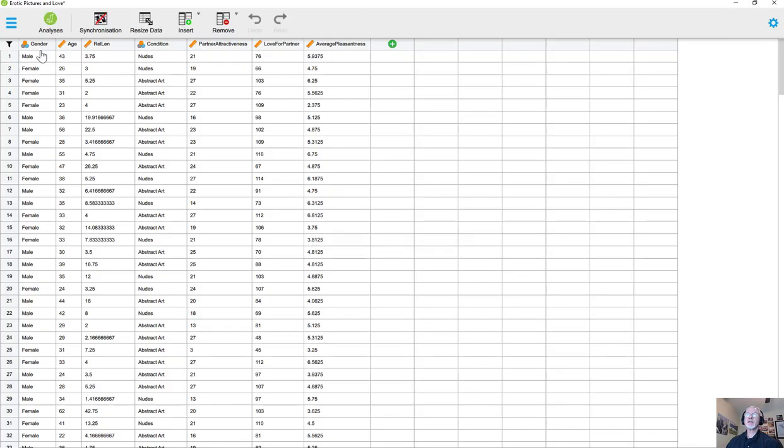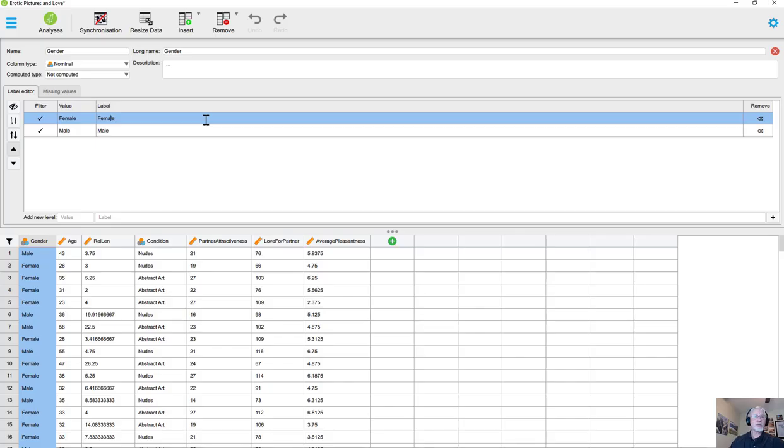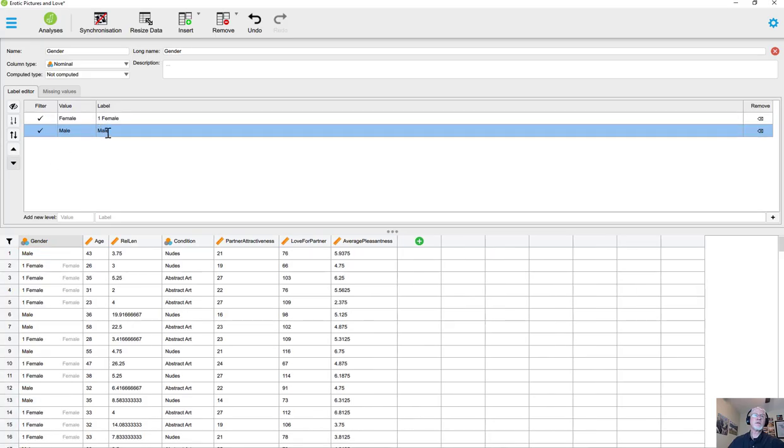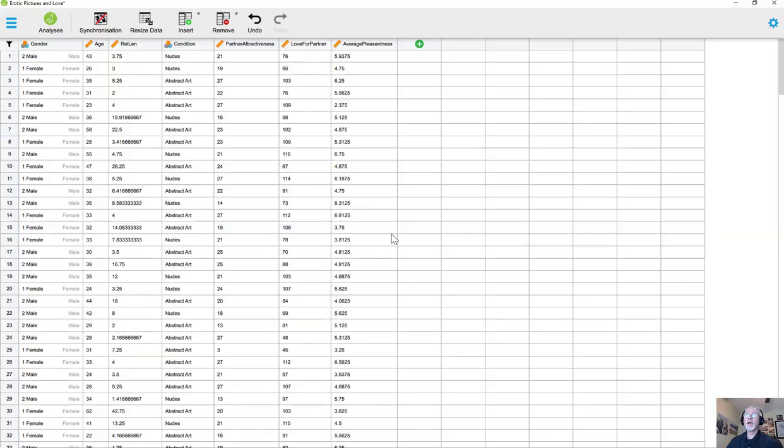If you double click to open up the data mode, I'm going to put in for labels 1 for female and 2 for male, just to make explicit for learning purposes. Close the window, apply, so that we have 2 levels that can be numbered 1 and 2.